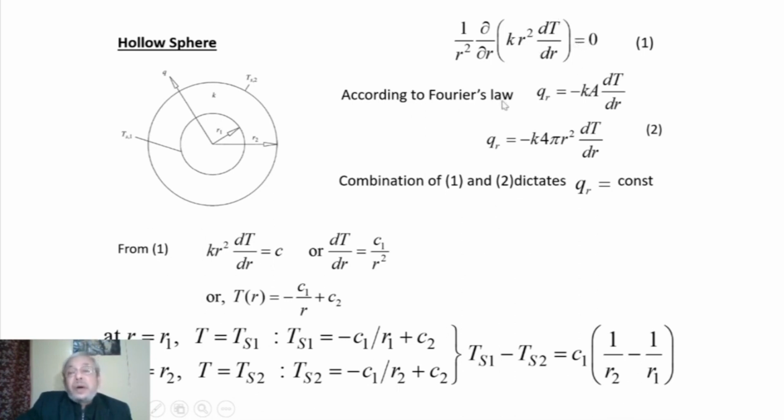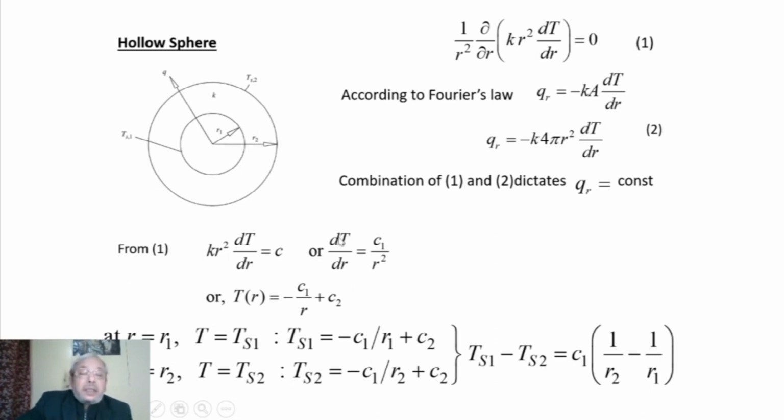According to Fourier's law, the heat transfer rate is minus K A dT dR, that means QR equals minus K into 4 pi R square, the area at any radius, into dT dR. So K R square dT dR is constant, and 4 pi times it is also constant at any radius.